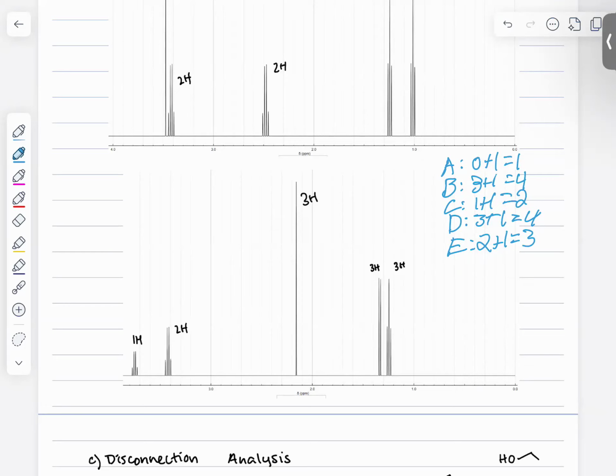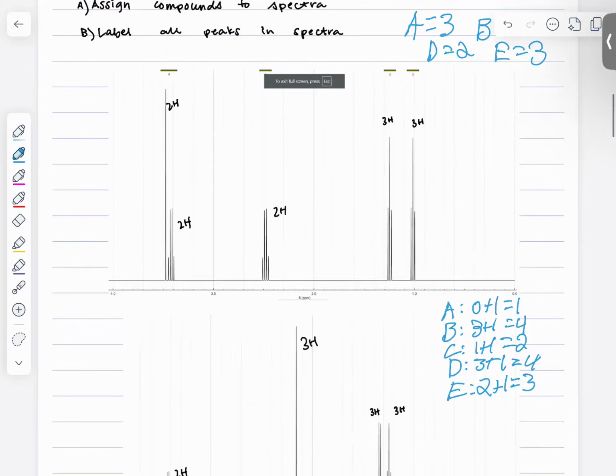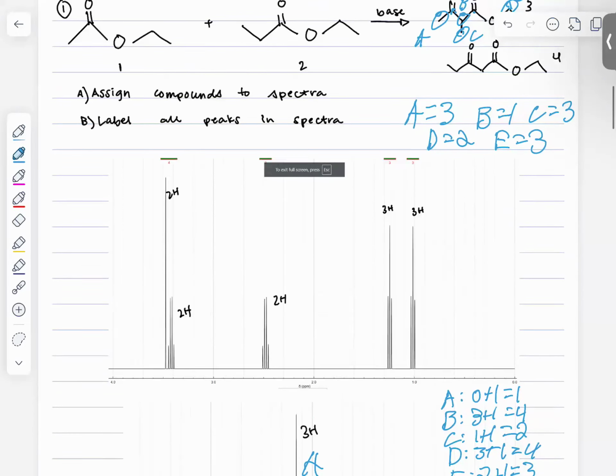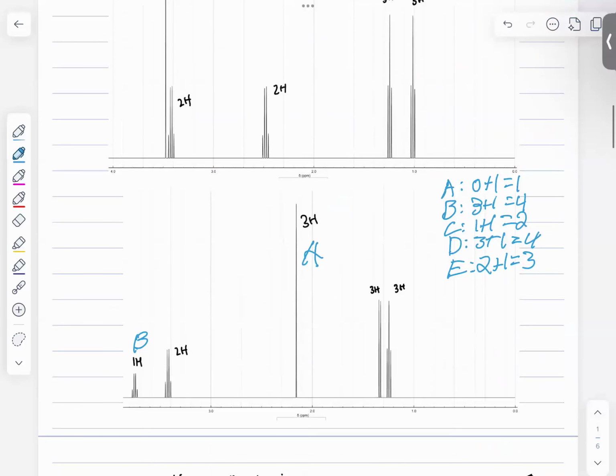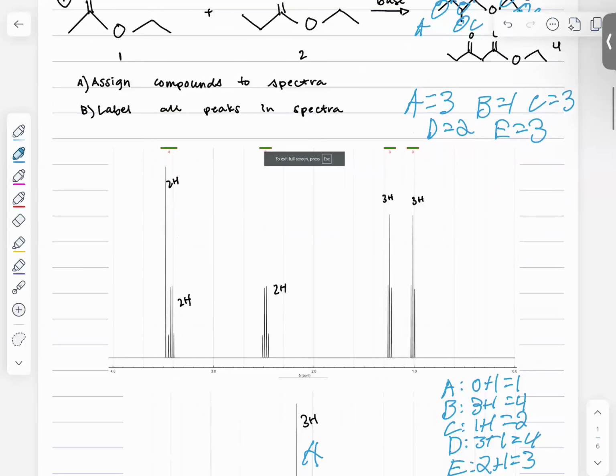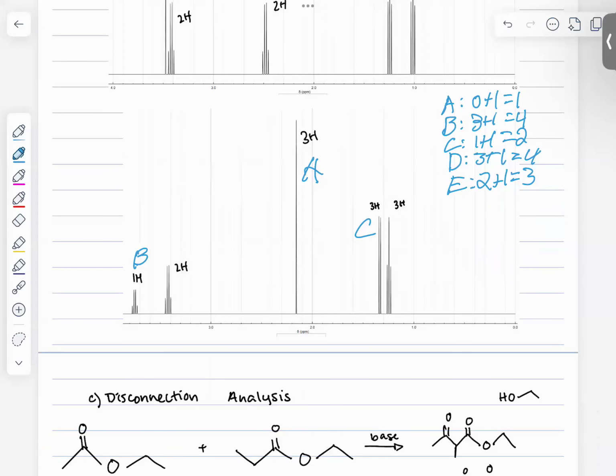So A has an intensity of 3 and a multiplicity of 1, so this is going to be A. B has an intensity of 1 with 4 peaks, this is going to be B. C has an intensity of 3 with 2 peaks, so it's going to be this one. D has an intensity of 2, 4 peaks, it is going to be this one, and E has this one. She's correct.